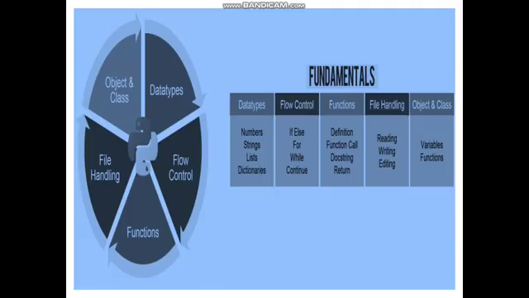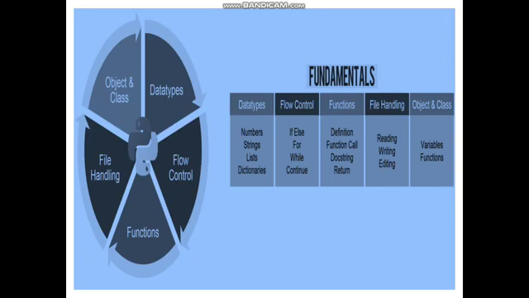Data types means number, string, list, dictionaries, which you will study in the next class. Flow control: if else, for, while, continue, or the loop controlling statements. And functions: definition, function call, document string, return, all these are included in this. File handling means reading, writing and editing are the basic file operations.